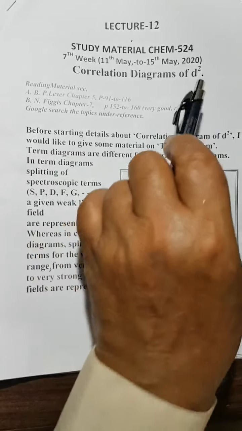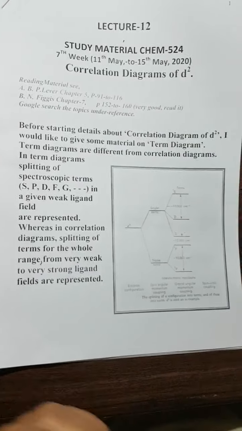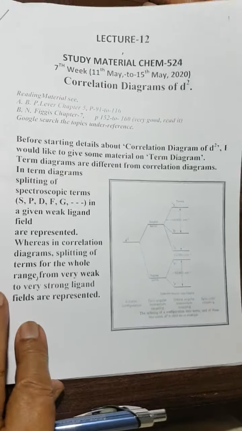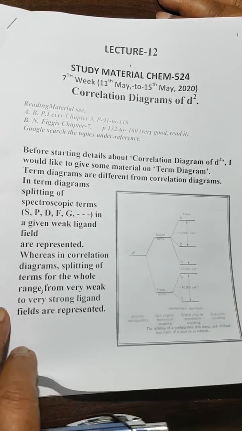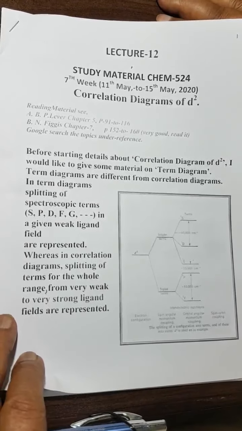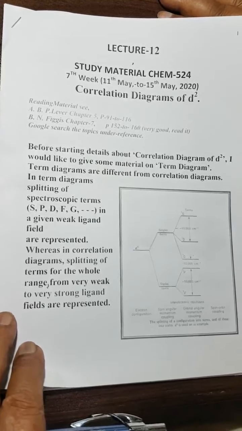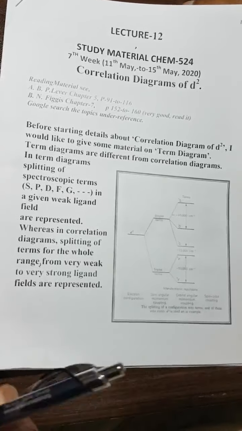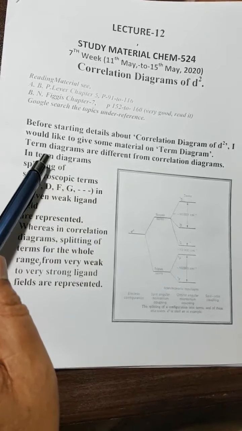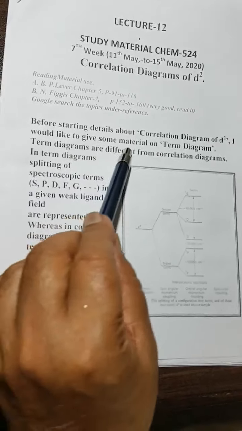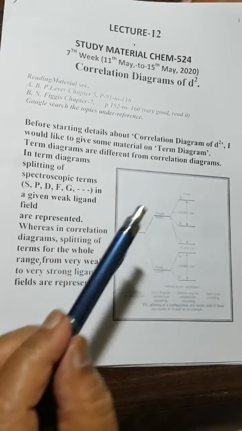Today, I will discuss the correlation diagram of D2 and its spectra. Before I do that, it will be good if you revive what a term diagram is, and now the second word, correlation, is coming.